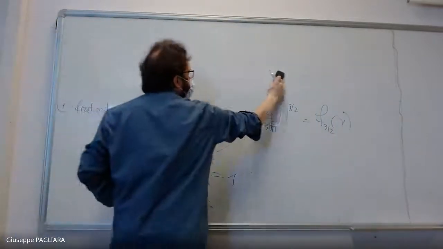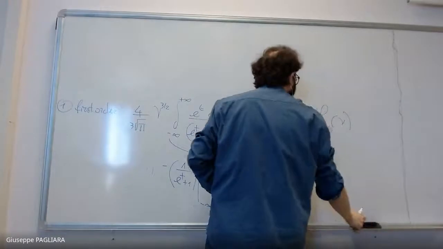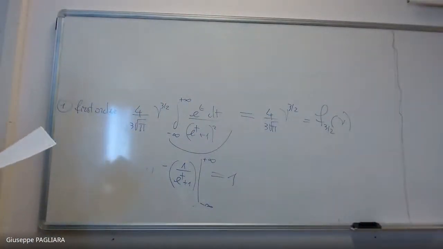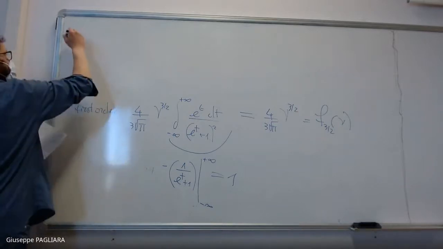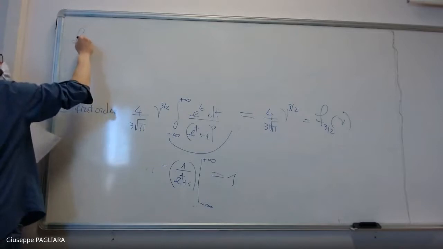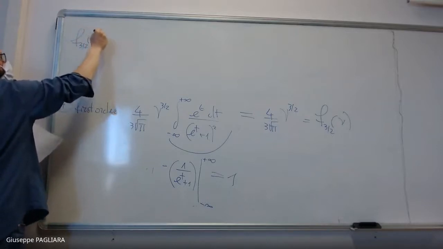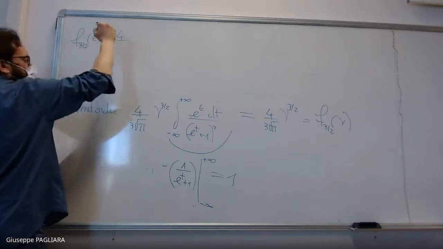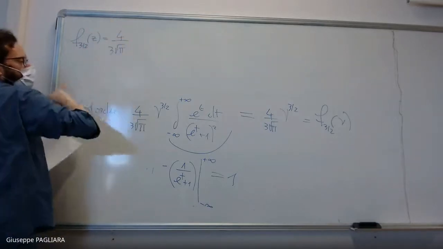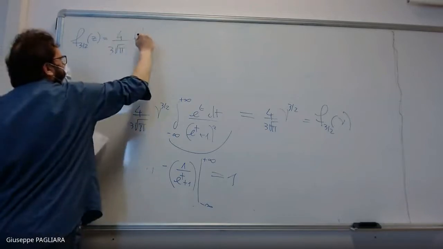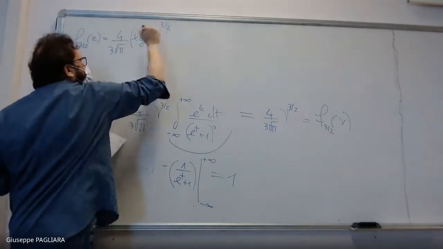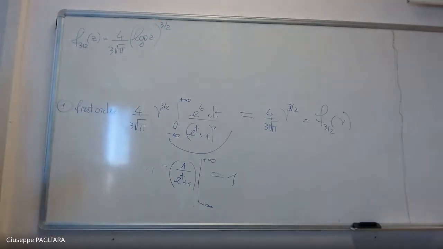I will use again the expansion later. Now, what is new? New is the log of z. If I want to write this in terms of z, f 3/2 of z is 4 divided by 3 square root of pi, log of z to the power of 3/2.